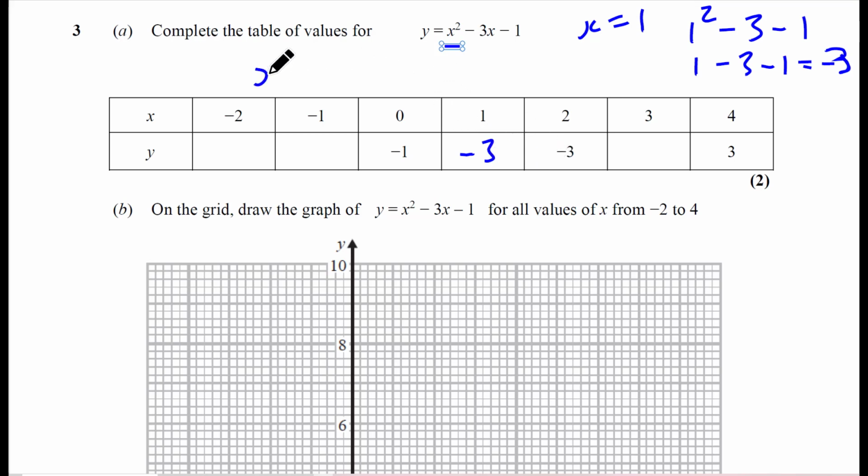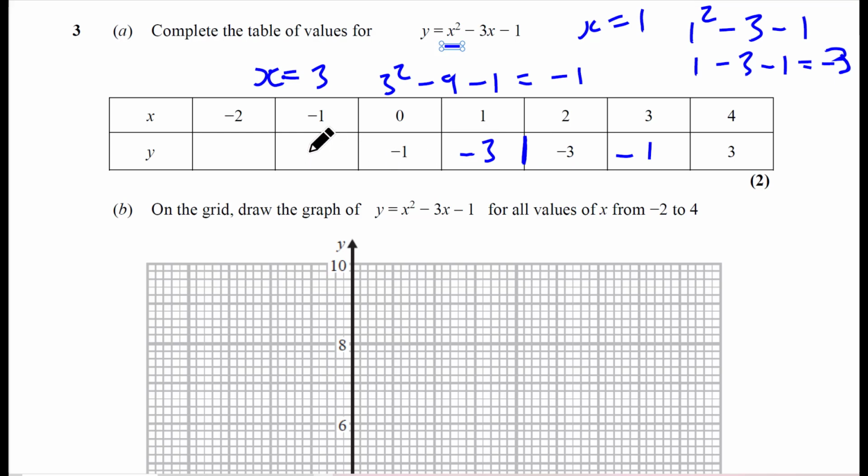Let's let x equals 3 here. So we can get 3 squared minus 9 minus 1. That's going to give us minus 1. Now you can see the symmetry here is at this point here. Because you can see the minus 1 correlates with this minus 1.